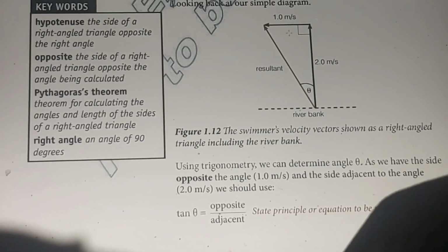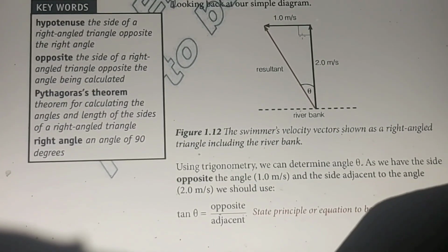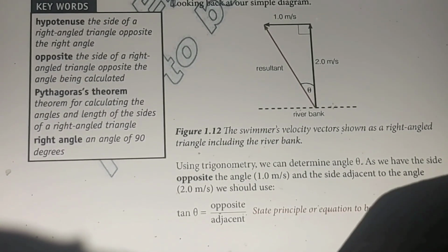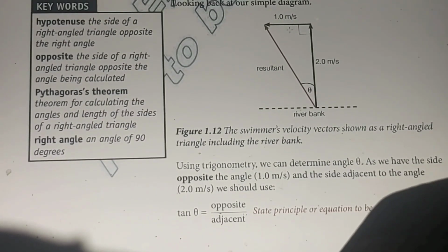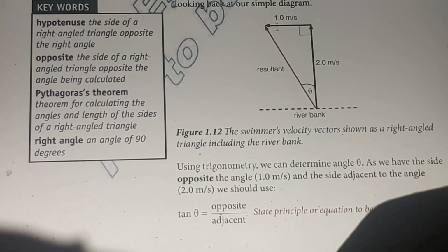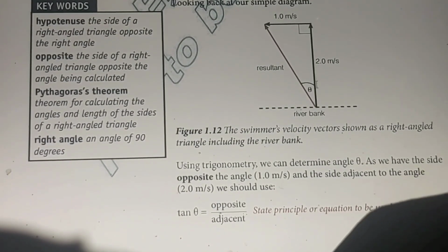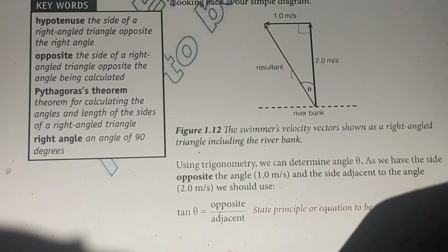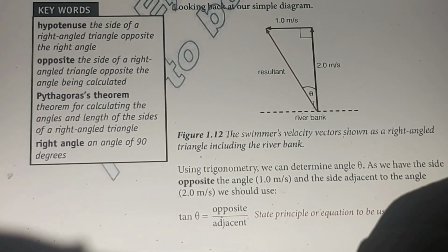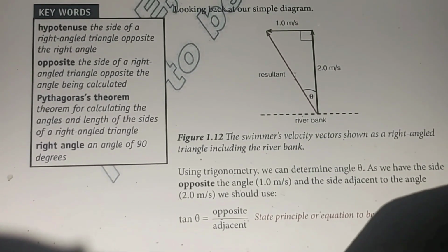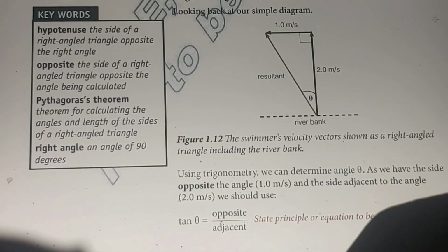Okay, in the case of the river, this is 1 meter per second, 2 meter per second. Okay, this is the river bank. So this is the velocity of the water flowing. Okay, this is the velocity of the swimmer. Here we can have the resultant velocity.